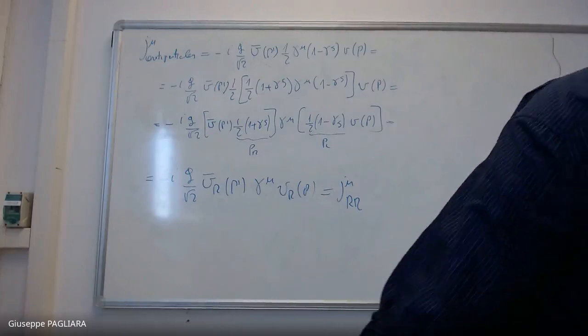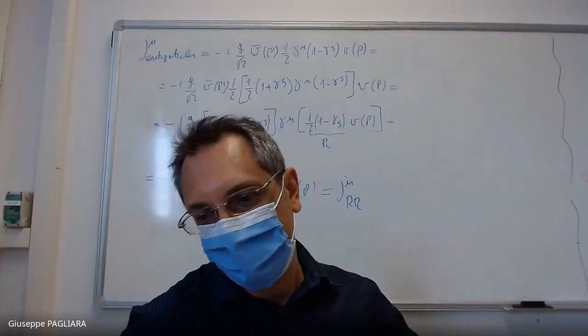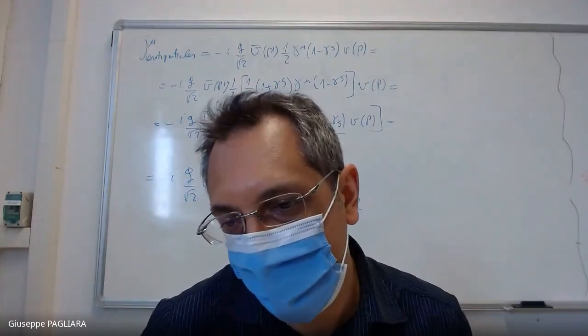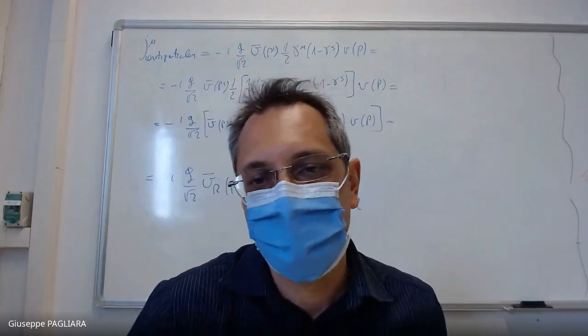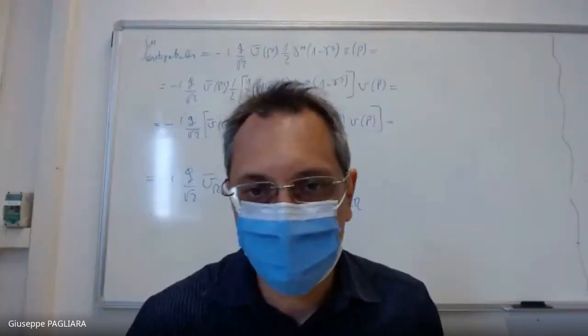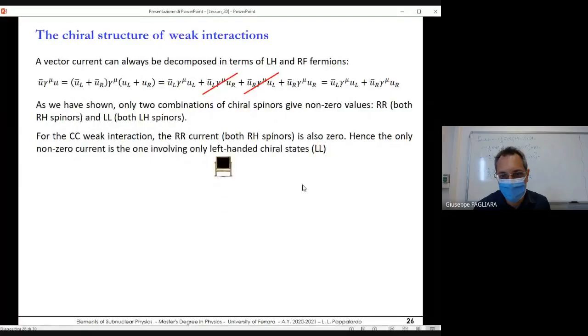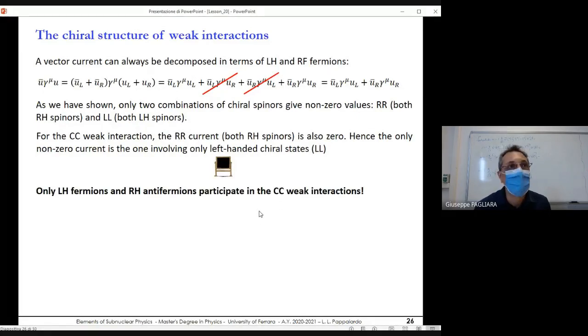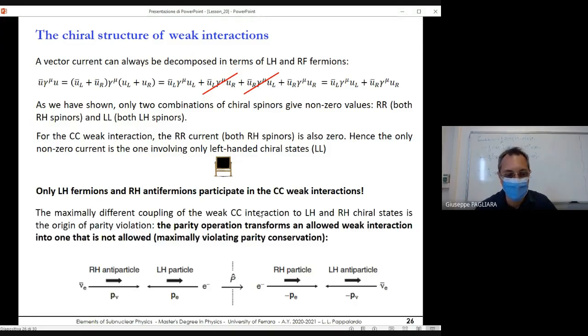So let's summarize this in the slide. As we just learned, only left-handed fermions and right-handed antifermions can participate in the charged current weak interaction. There are no other possibilities.